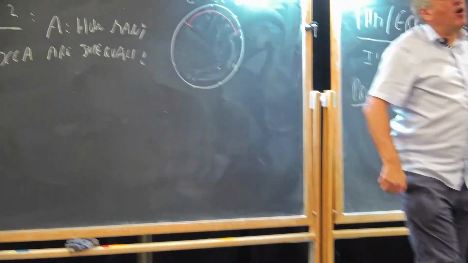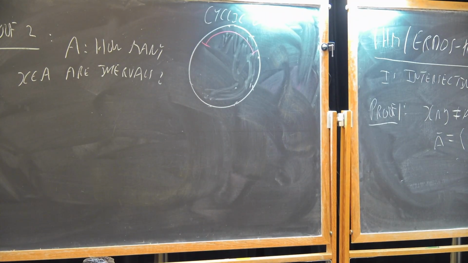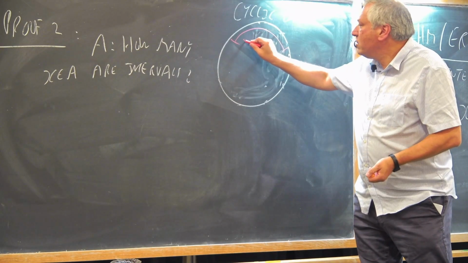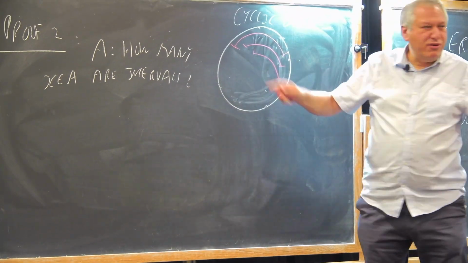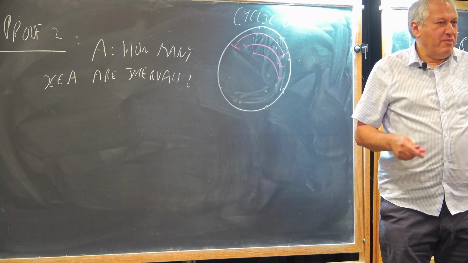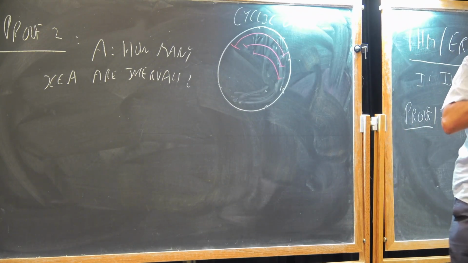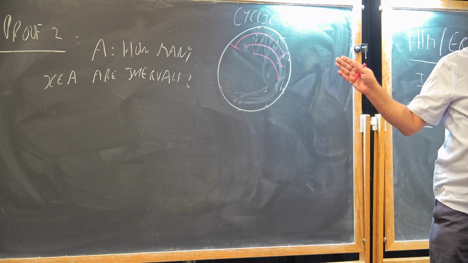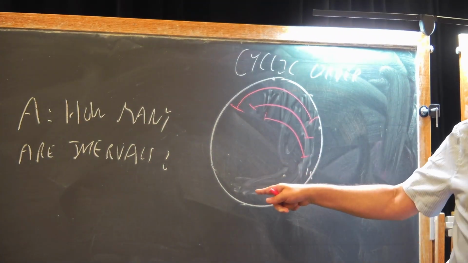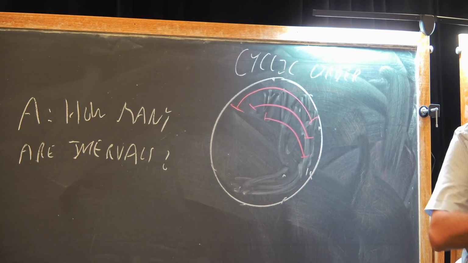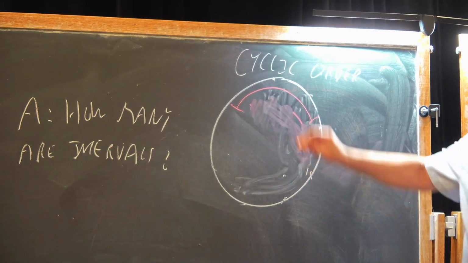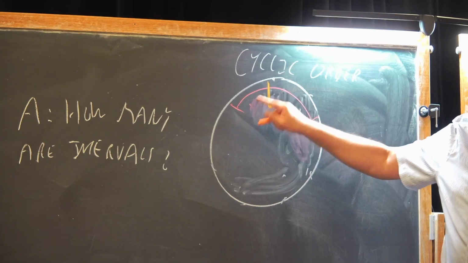So how many intervals can be in my family? If you took this interval and shifted it along a bit, and along again, and so on, you could fit in R, couldn't you? But not R plus 1. That requires a moment's proof. If R is less than a third n, that's a rigorous proof. But if R is close to half n, it could be that I took a thing here and here and they met round the back. So the formal proof would be to say, fix the one interval you have, and at any cutting point, you can't have both the thing that ends there and the thing that starts there.